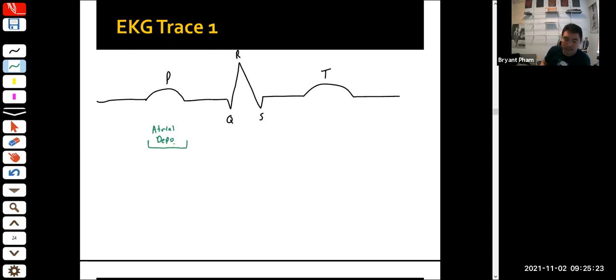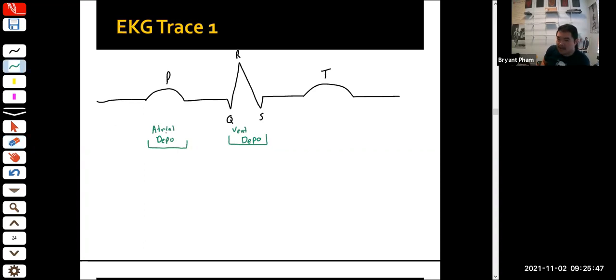Okay. Your QRS complex. This is the most electrically violent event. That means that's going to be your ventricles depolarizing. So vent depot. Okay.